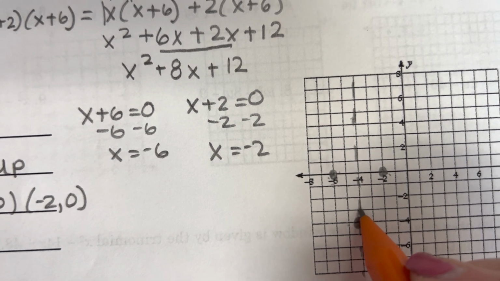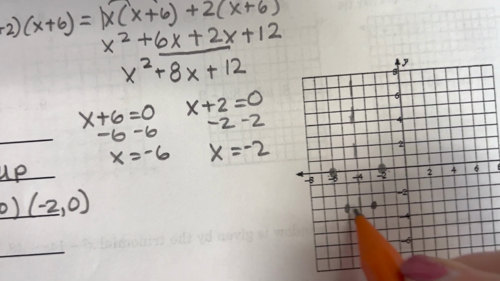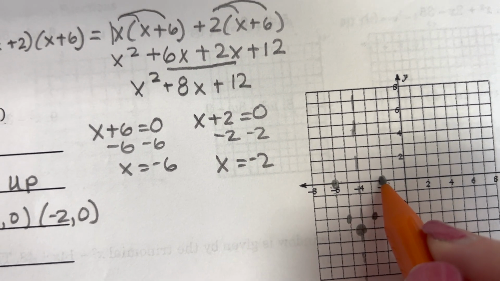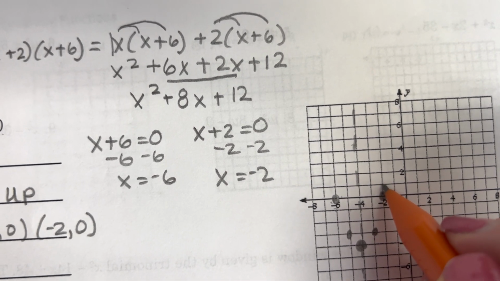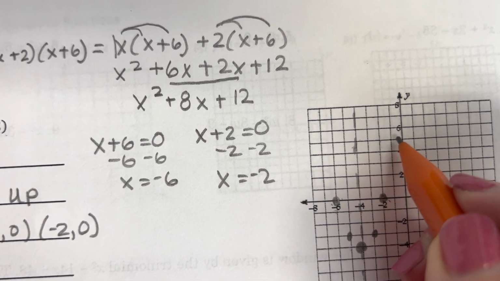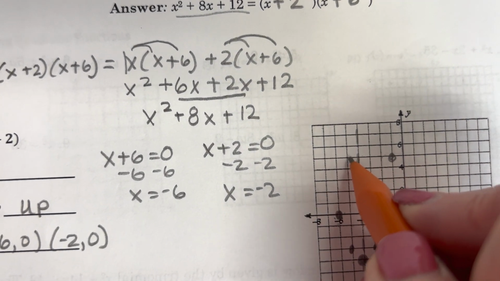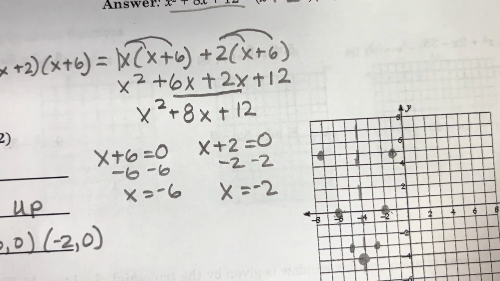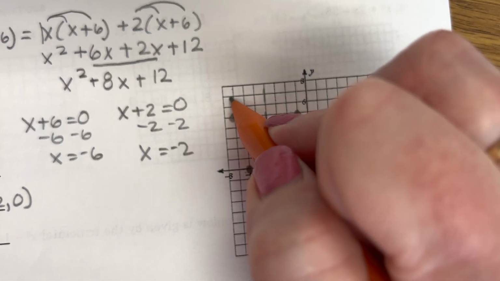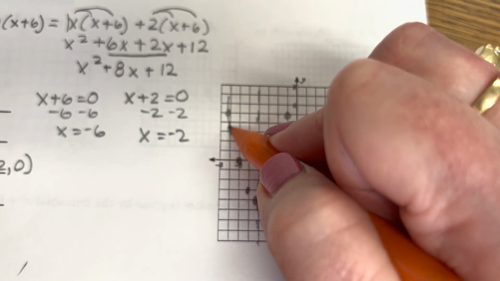Check it. Go up 1, out 1. Up 1, 2, 3, out another. Let's do it again. 1, 2, 3, 4, 5, out another. Okay, and this is 3 from there, so 3 from there. So here's your parabola. It's going to get messy, sorry.